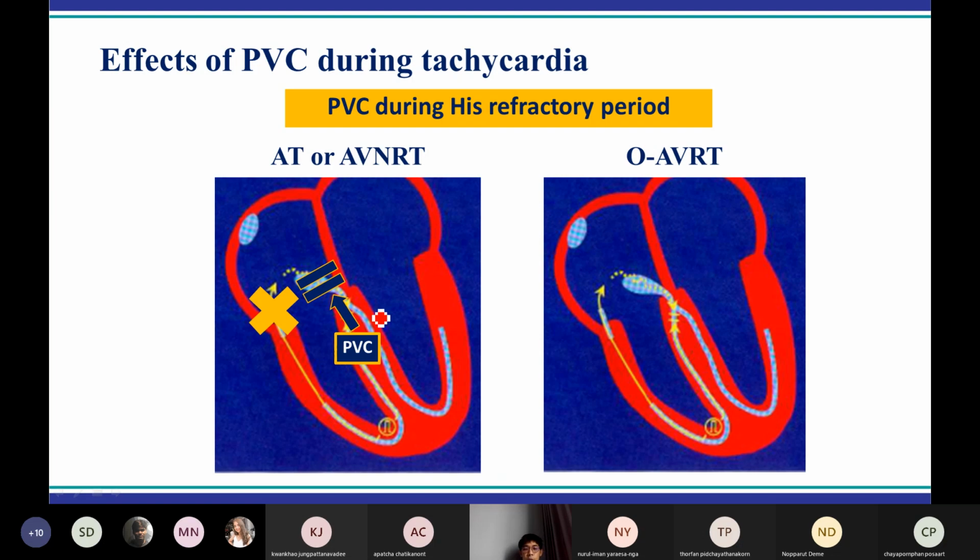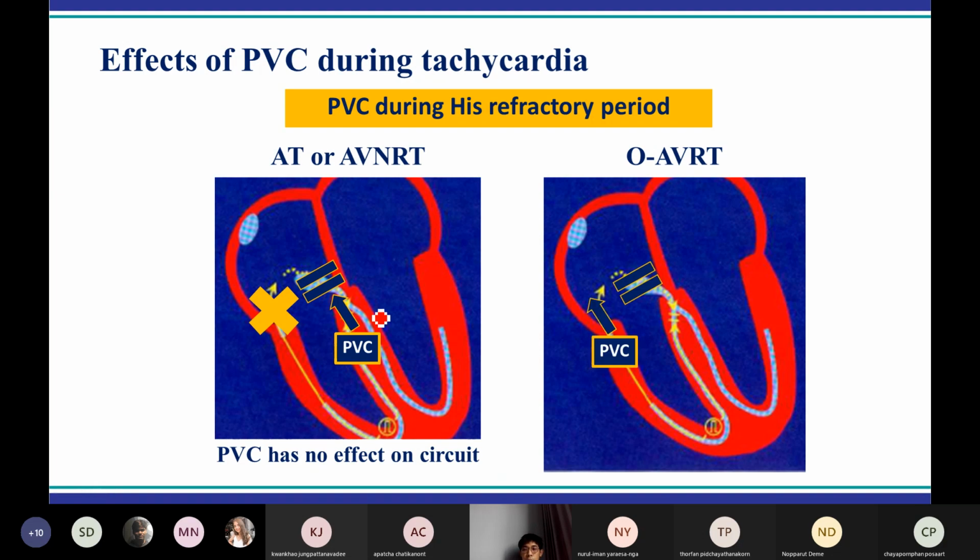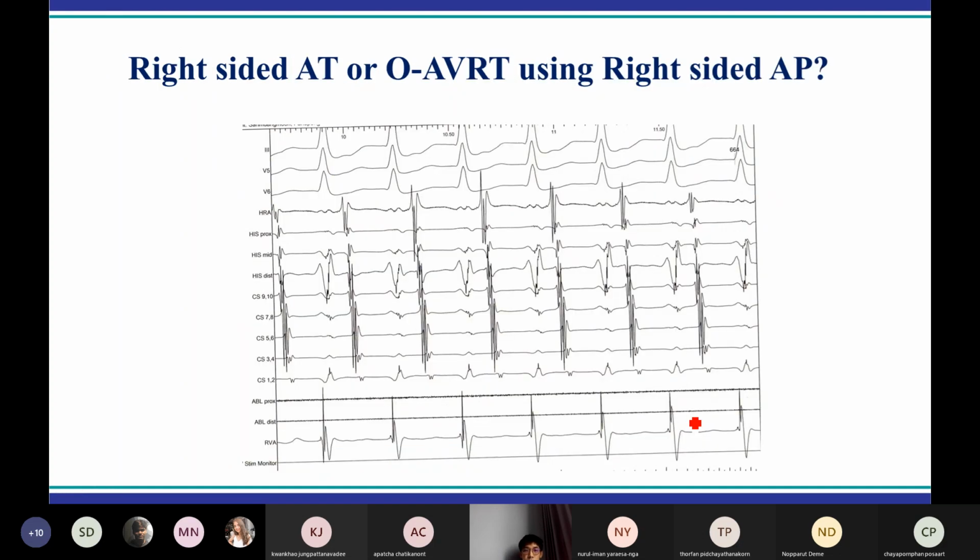So it would not reset or have any effect on the atrial signal of the tachycardia. But if there is a bypass tract connecting the ventricle to the atrium, and the His and AV node are still refractory, you put the PVC in, it would go up the accessory pathway, and it would reset the tachycardia, resulting in advancement, termination of the tachycardia, or a delay of the atrial signal.